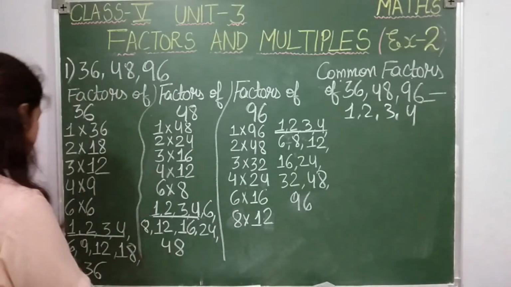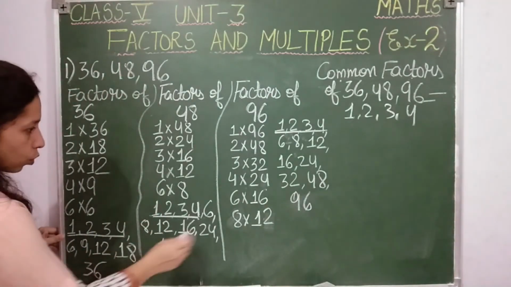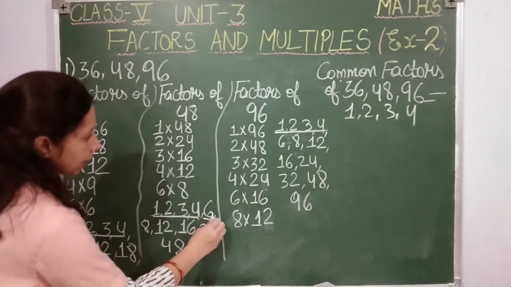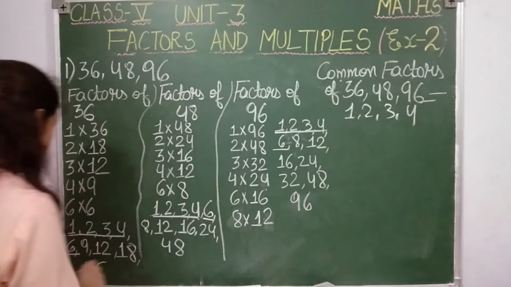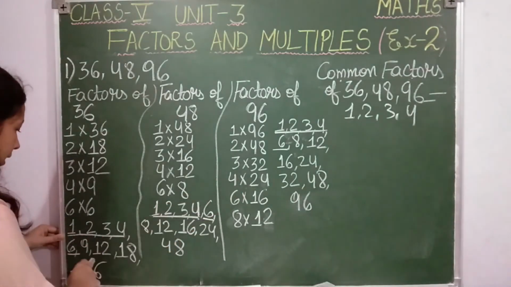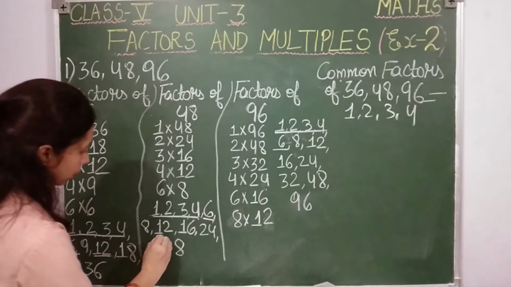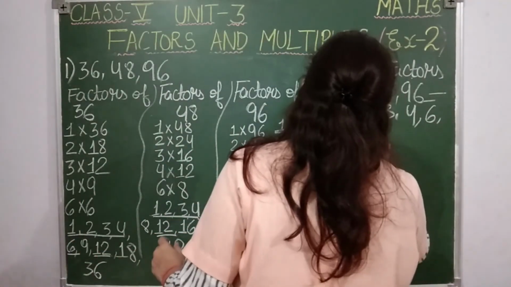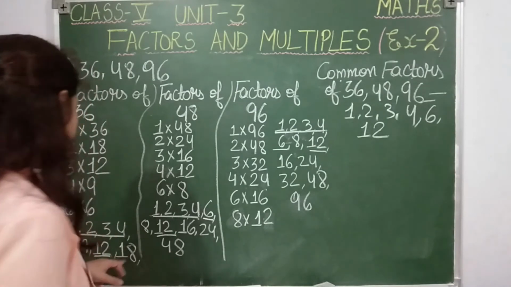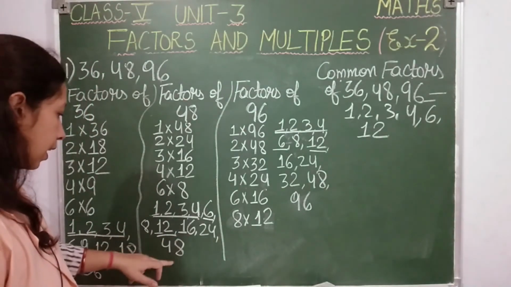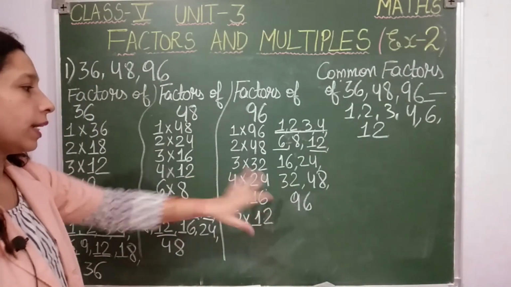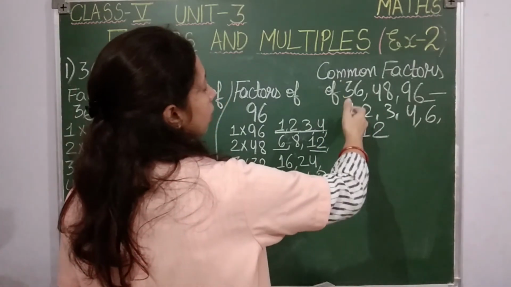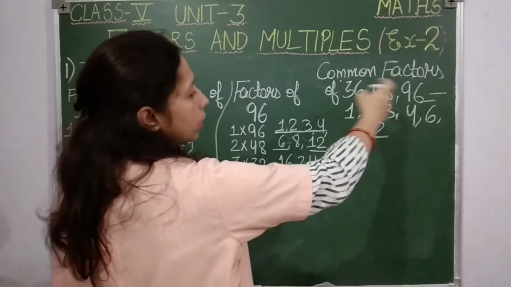Let's continue. 6, 9, 12. 6 is present in all the 3 numbers, then 9 is not there, then 12, 12, 12 and 12. That means after 4, 6, 12. Then any other common factor, 18 or 36. Here 18 and 36 is not there. Then here also 18 and 36 is not there. That means these many common factors are only there for 36, 48 and 96.